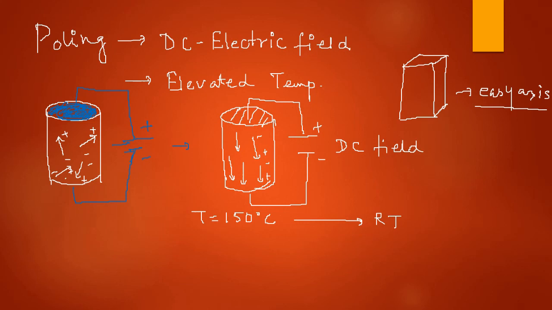And then when you remove the electric field, so there is a chance that they will stay aligned at room temperature. When you come back to room temperature with the field on, now if you switch off the DC field, the dipoles will be frozen.